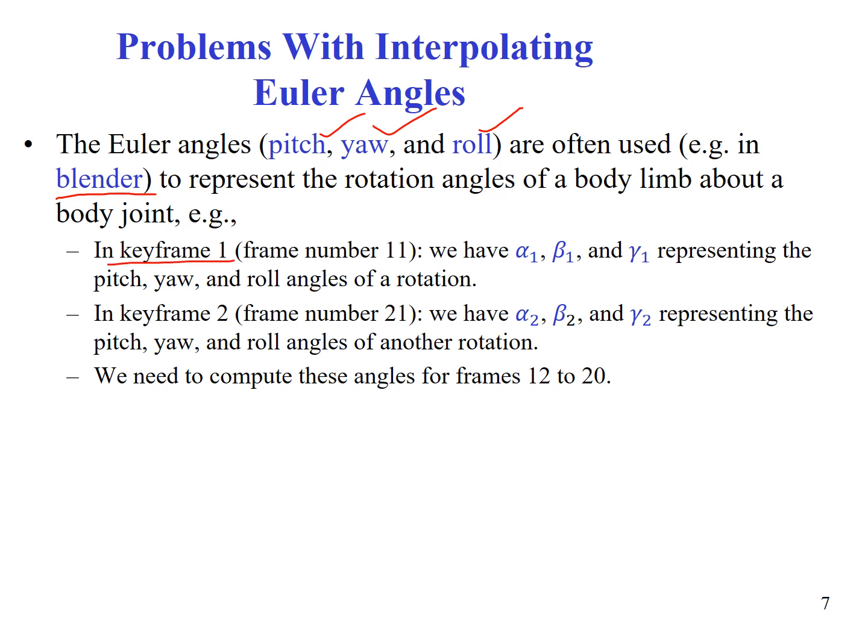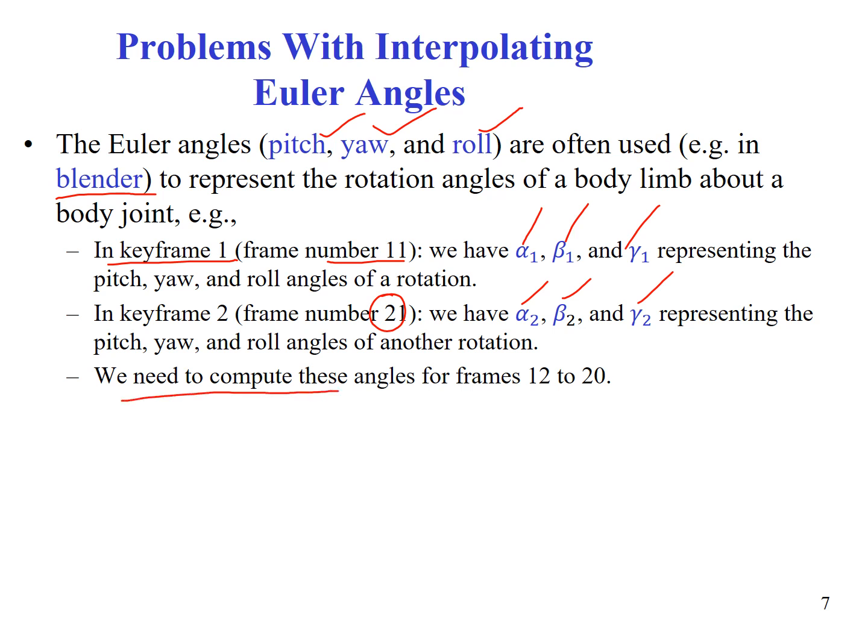Now in keyframe 1, which we call 1, 1, we have alpha 1, beta 1, gamma 1 that represent the pitch, yaw, and roll angles of a rotation. In keyframe 2, which we represent with frame number 2, 1, we have alpha 2, beta 2, gamma 2 that represent the pitch, yaw, and roll angles of another rotation.